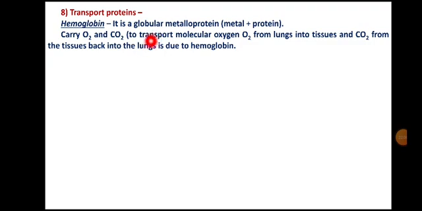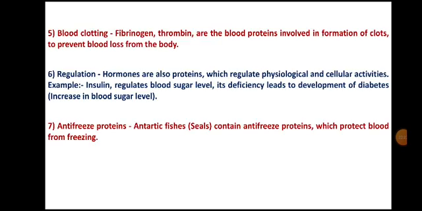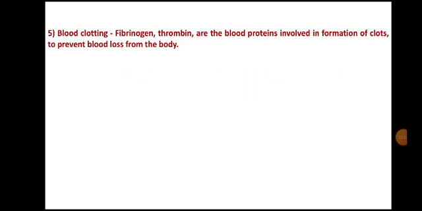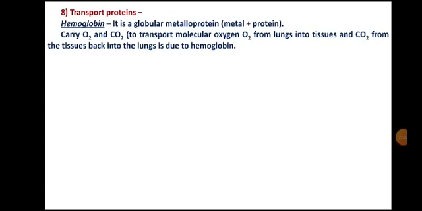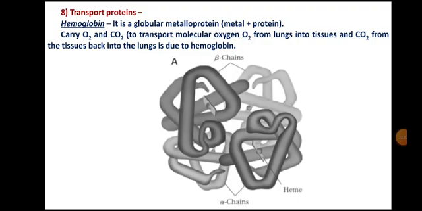So the function of this hemoglobin is to carry oxygen and CO2, that is to transport molecular oxygen from lungs into tissues and CO2 from the tissues back to the lungs. So this transportation is the function of hemoglobin, transport of oxygen and CO2.